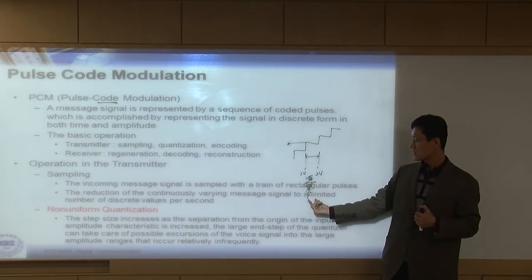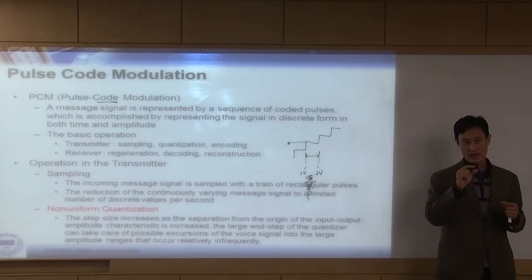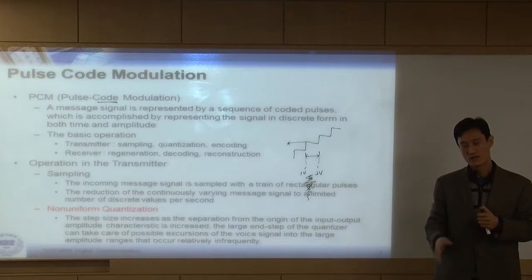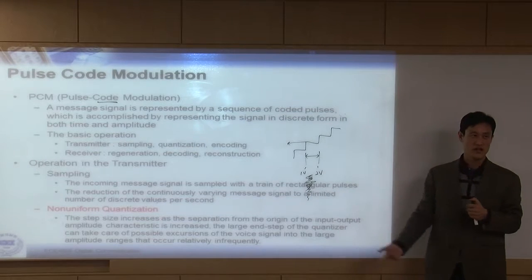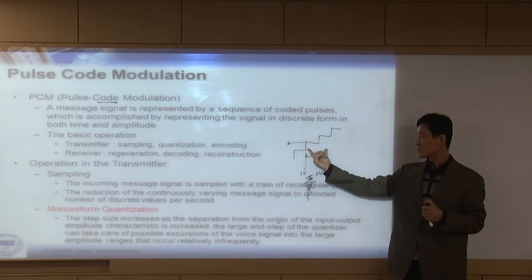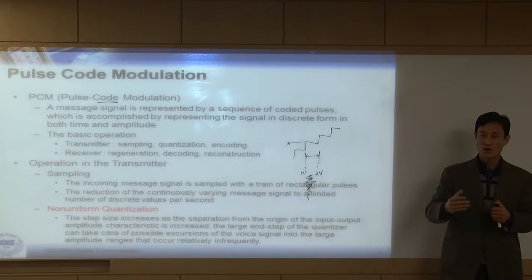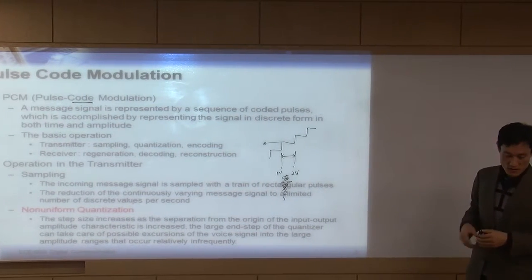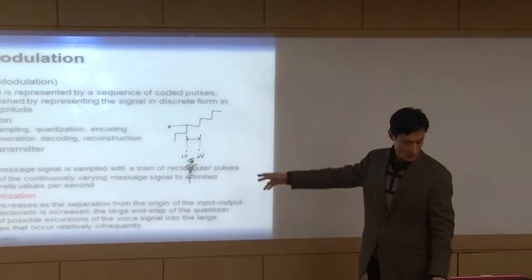Why? Because this signal is too small and it disappears because of the quantization error. This is all because of quantization error. If you have a big step size, you have more quantization error, right? So because of that quantization error, in this second case we lost everything.